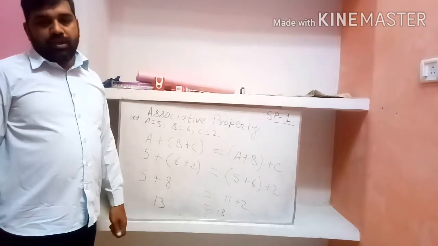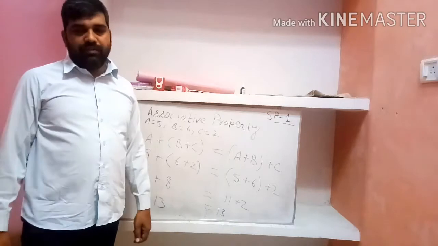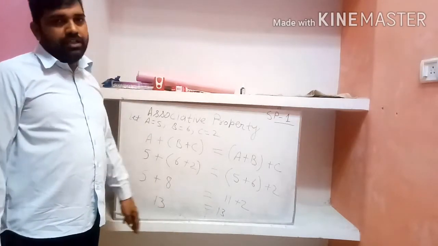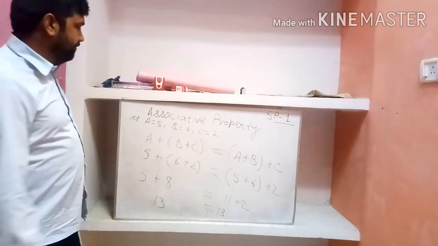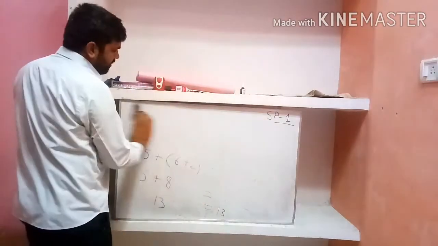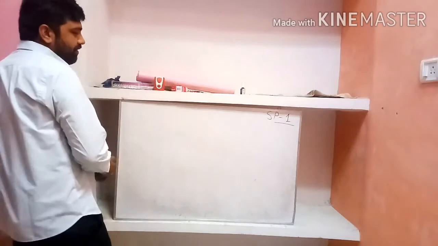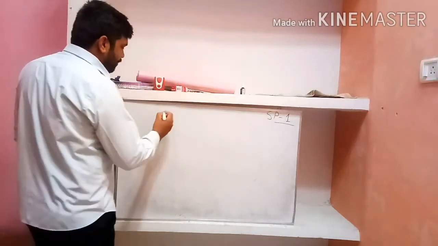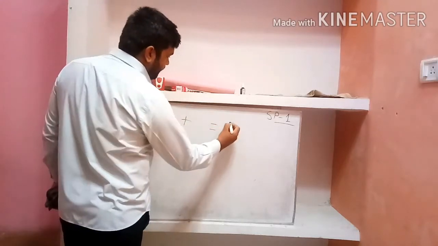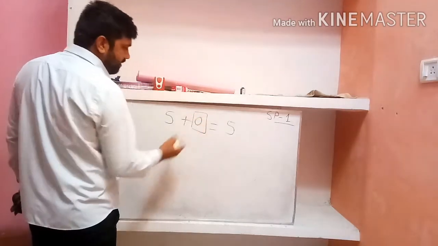Now additive identity. The identity element for addition is 0. What number should you add to any number to get the same number? That is 0 only. If you add 0 to any number, that number is not going to change; you will get the same sum. So what do you add to 5 to get the result 5? 0 only. 5 plus 0 gives you 5.